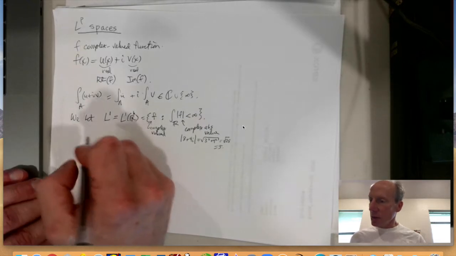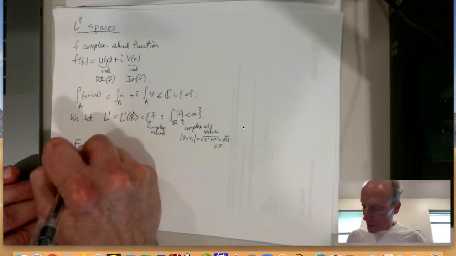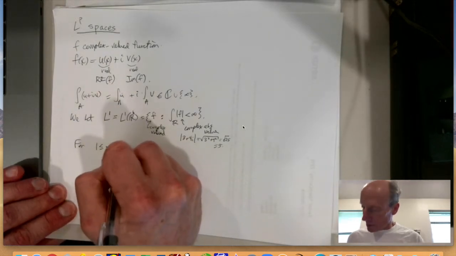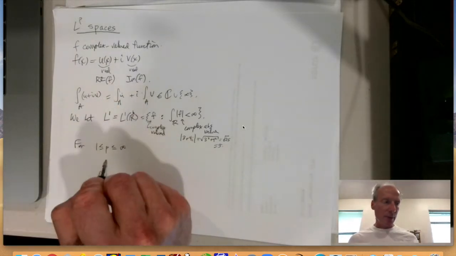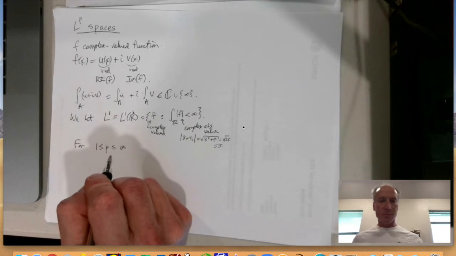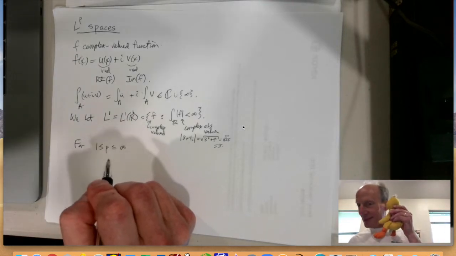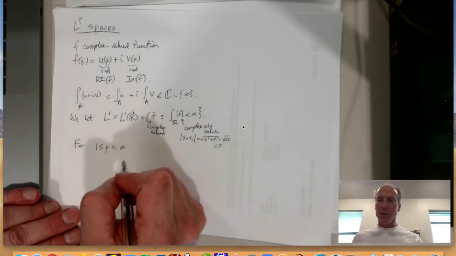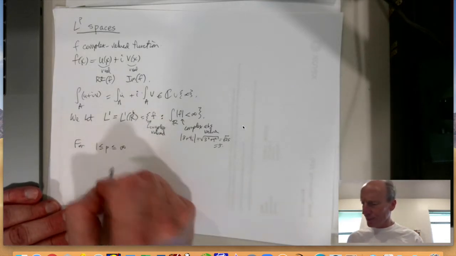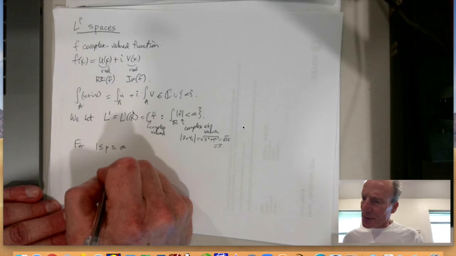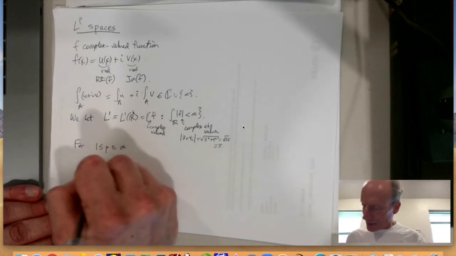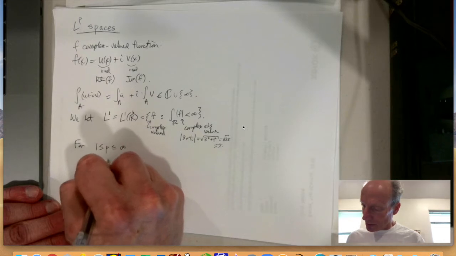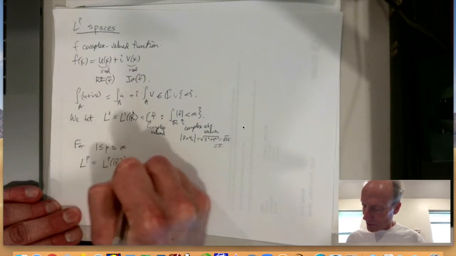And then similarly, for numbers p between 1 and infinity, you can define LP, which again we can do LP of Rn if you want.